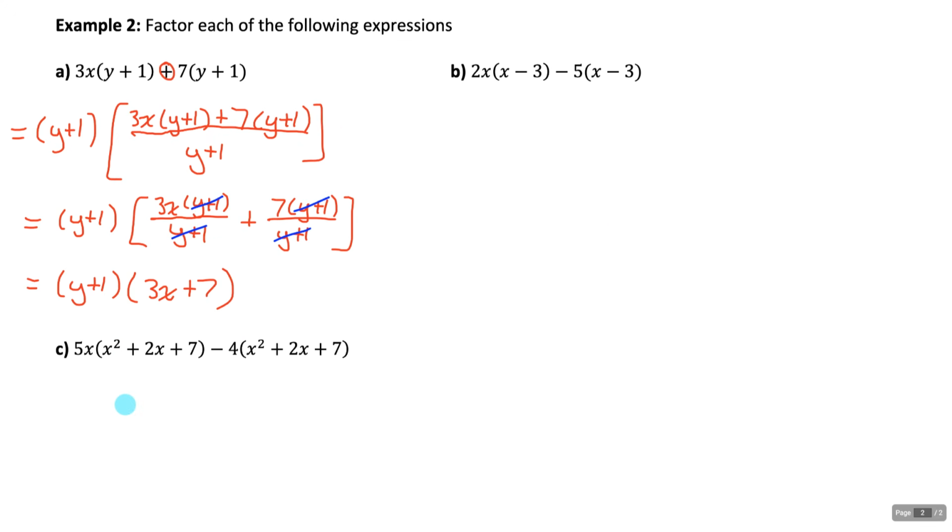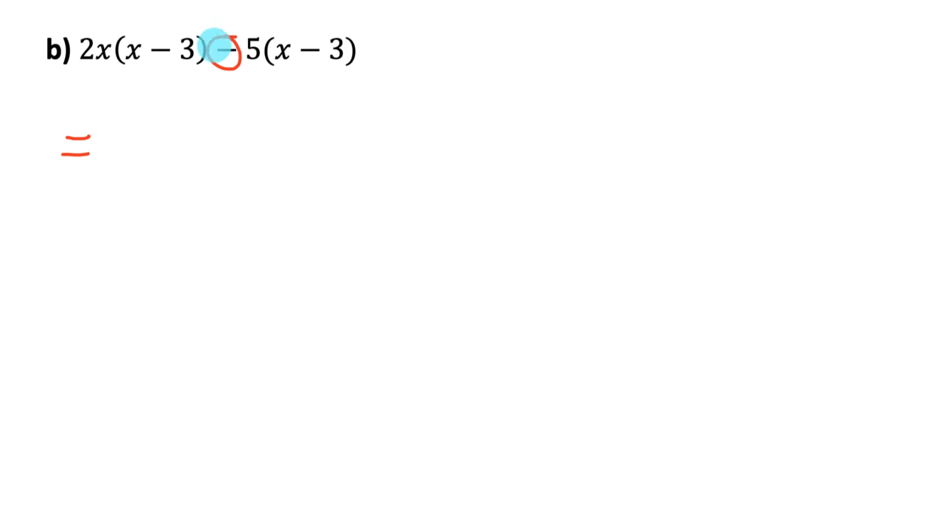So that's how you remove a binomial common factor. Let me show you how it works again. The minus sign is separating our two terms. We have a 2x times x minus 3 and a 5 times x minus 3. Both of those terms have an x minus 3 factor. So we can remove that as our common factor. And then in brackets, I need to divide both of those terms by what I took out.